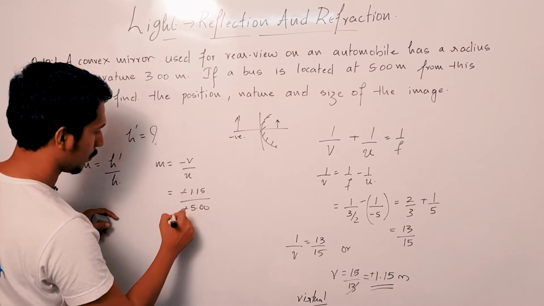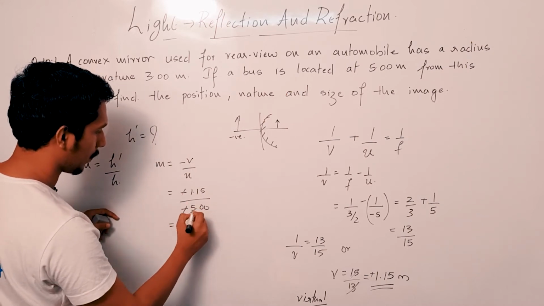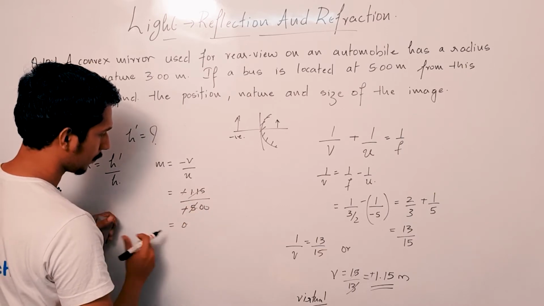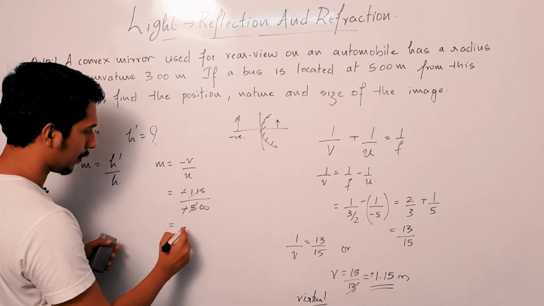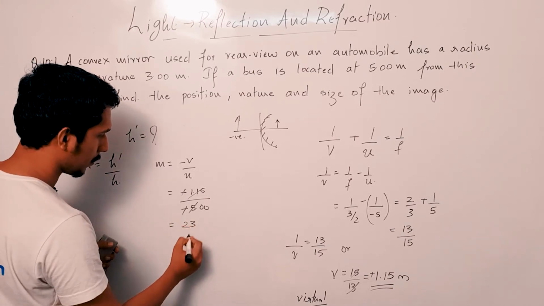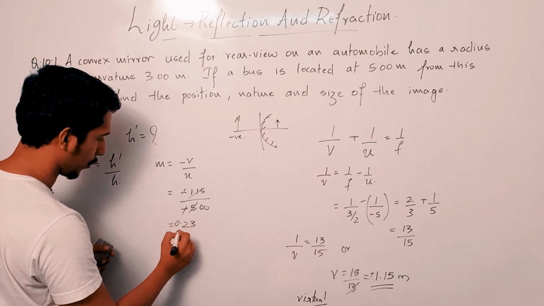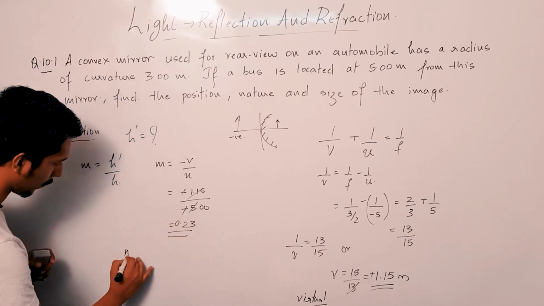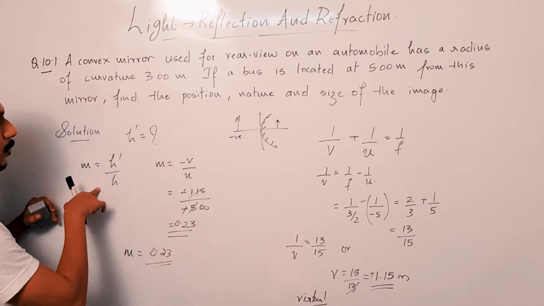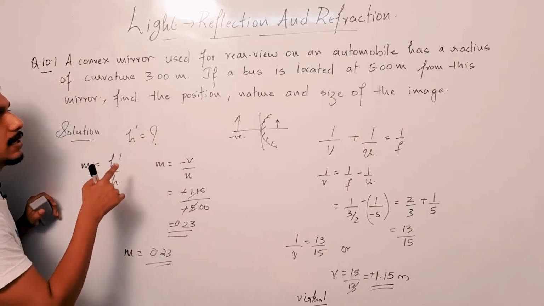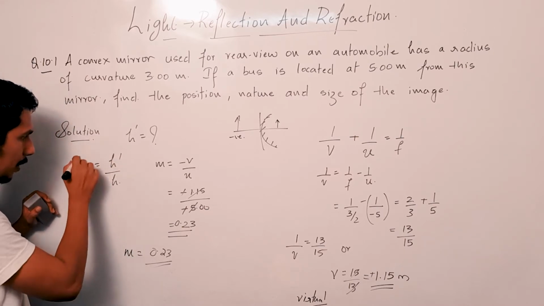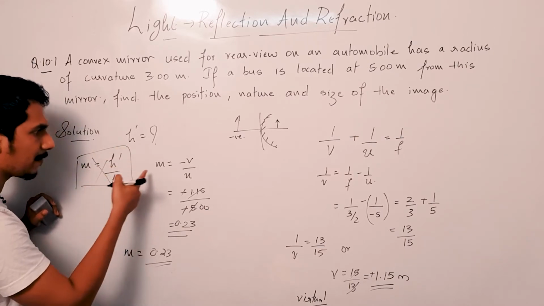So this cancels, so 1.15 by 5 is equal to 0.23. So you get the magnification as 0.23. Because the size of the object is not given, nor the size of the image you have found out, you cannot use this formula. Let's forget it because we have other methods to solve.